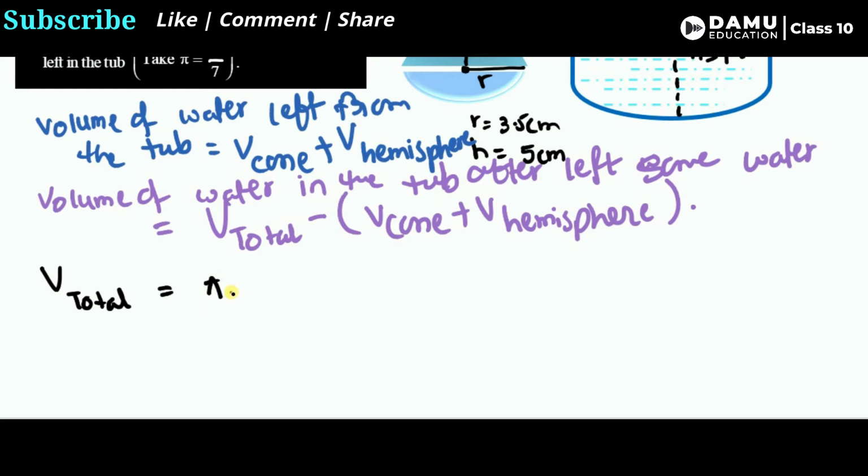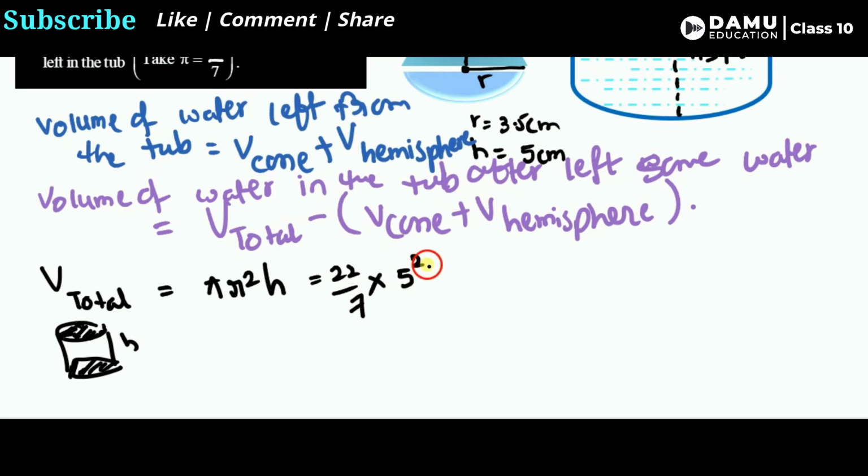It comes from a cylinder with a circle at the top, and this area is extended up to h. For that, the area of the circle is r square and h is the height. So 22 by 7 into r, the radius of this one is 5, square, into height, which is nothing but 9.8 centimeters.